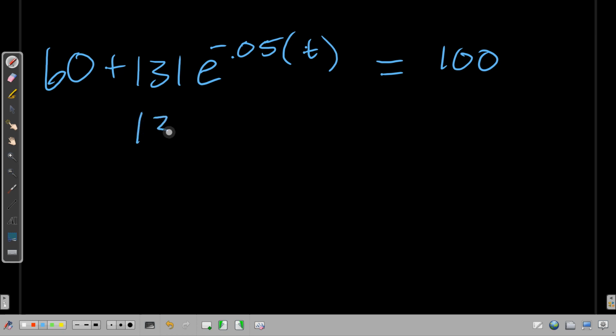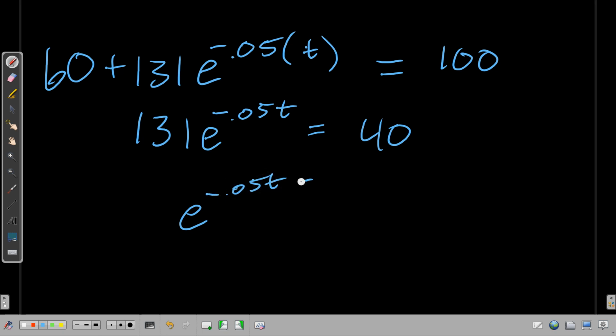That's the same thing as where 131 e to the minus 0.05 t is equal to 40, which is the same thing as where e to the minus 0.05 t is equal to 40 over 131.